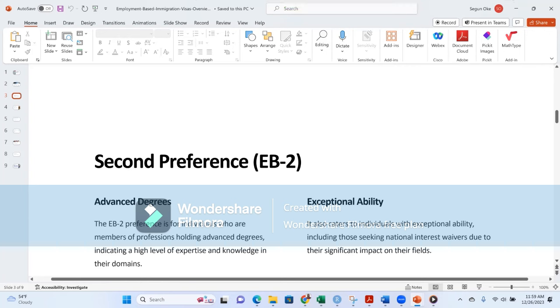We will discuss in detail; I'm just trying to give us an overview. It involves holding an advanced degree, indicating a high level of expertise and knowledge in their domain. Exceptional ability, we will lay more emphasis on it when we get there. It also caters to individuals with exceptional ability, including those seeking a national interest waiver due to their significant impact in their field.